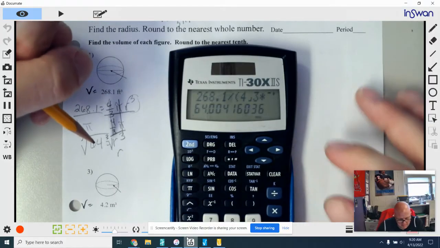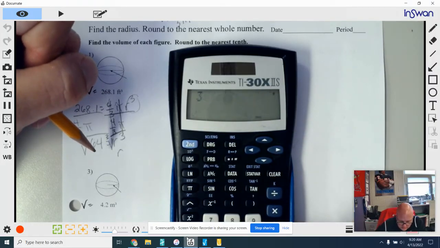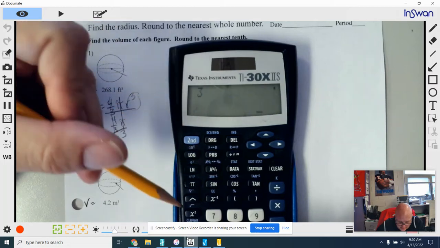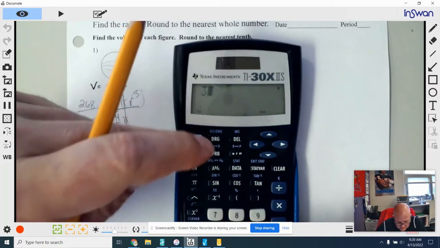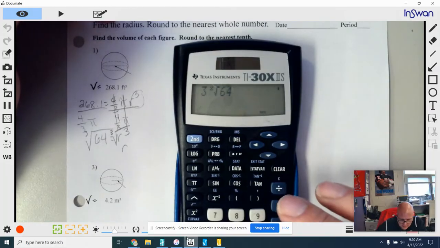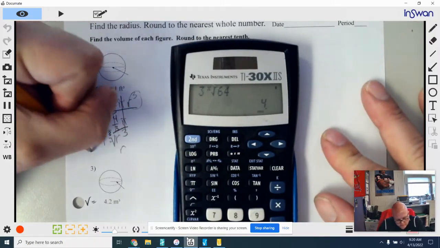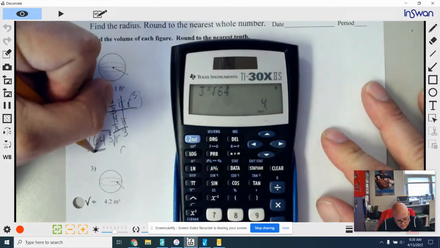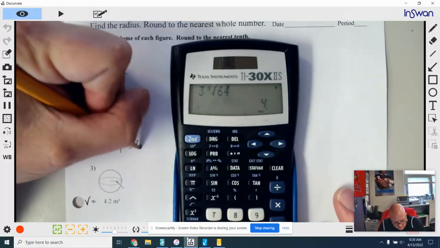Okay, so when I type it in my calculator, remember, you got to hit the 3 that represents the cube. And it's not the square root. This time it's that x root. So we hit second, and then our caret key to get that x root. And then you type 64 equals 4. Again, that was one of your perfect cube flashcards that we made. So maybe you should have that memorized.